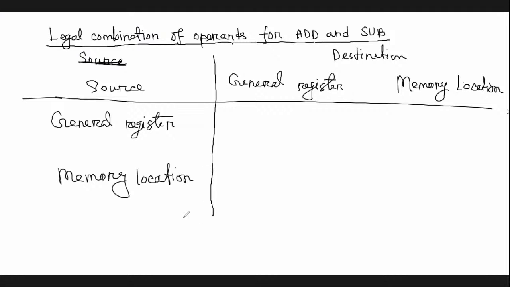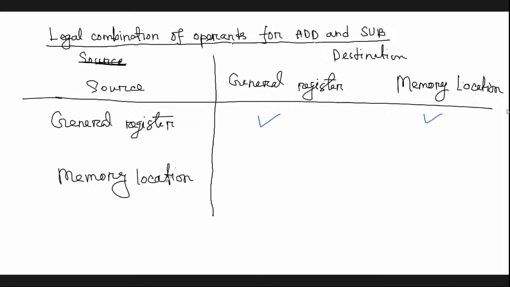It's kind of the same as before. You can add or sub general registers, that is okay. You can add or sub general register and memory location, that is also okay.